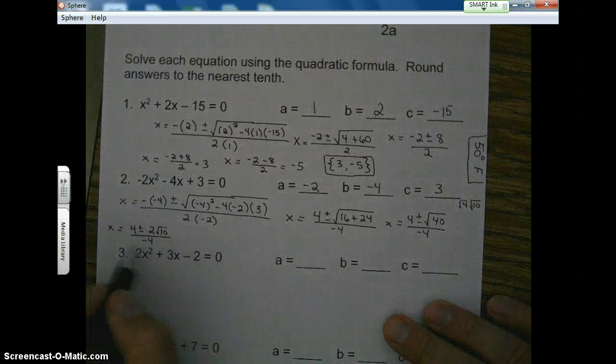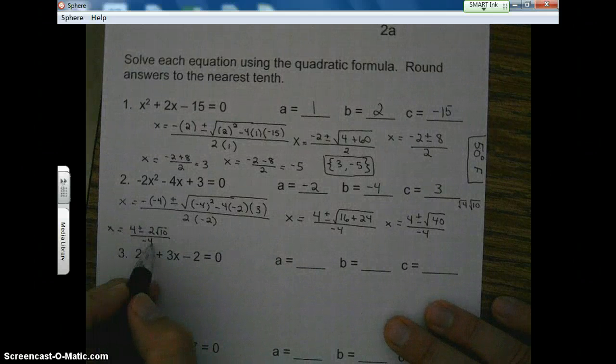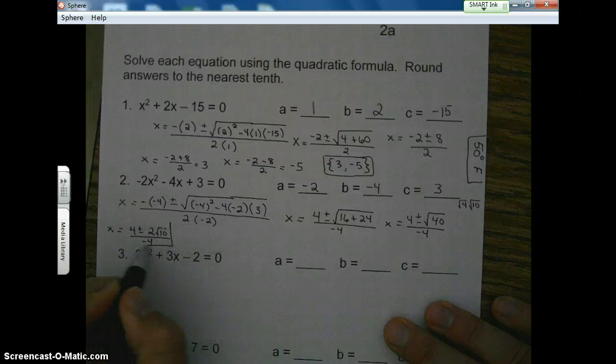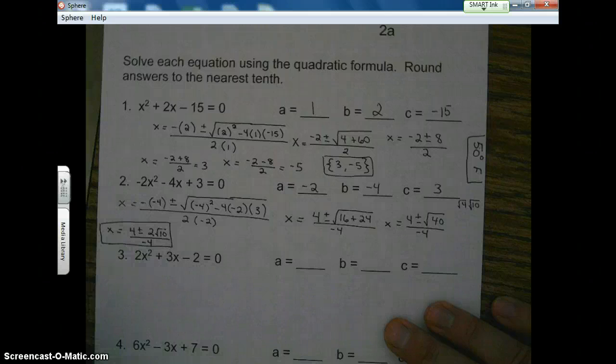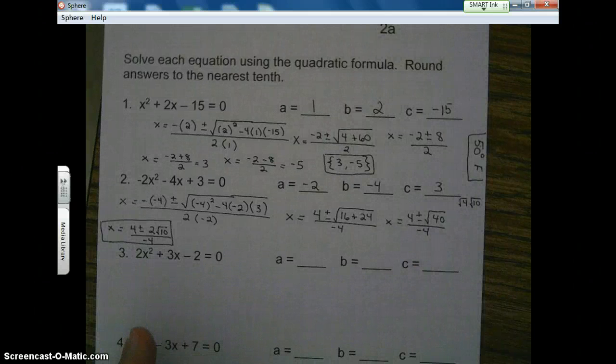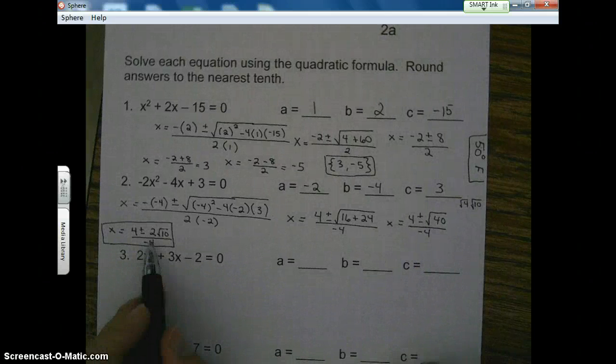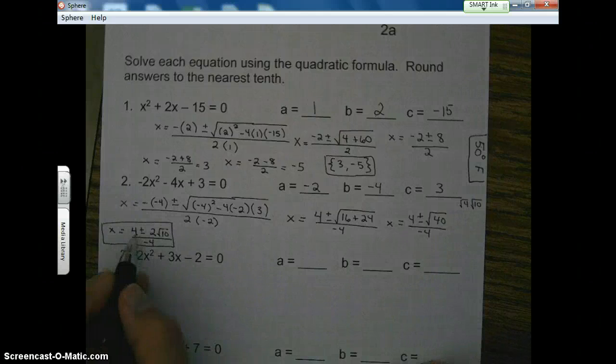Now, that would be your answer. But it's not simplified. So I'm going to take a moment to show you how to simplify it. If you get down this far, great job. But I want to show you how to simplify this. You would need to factor a common factor out of these two terms.